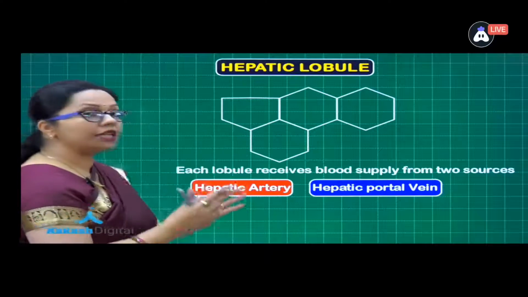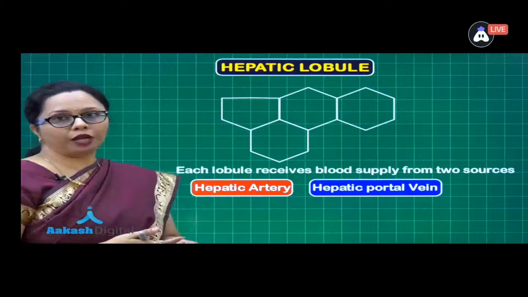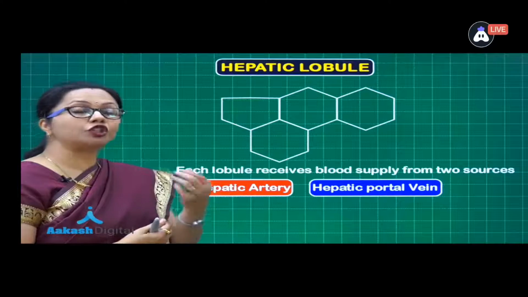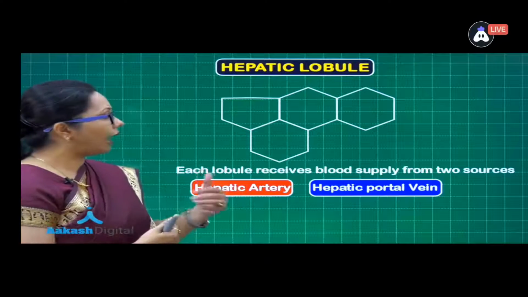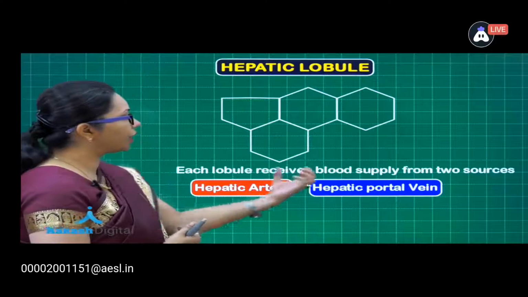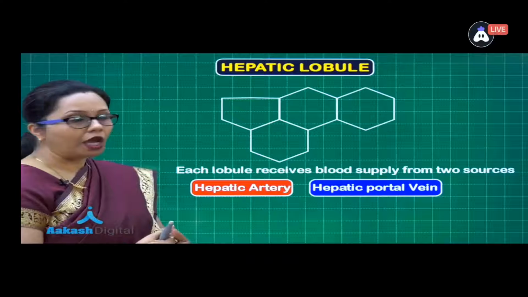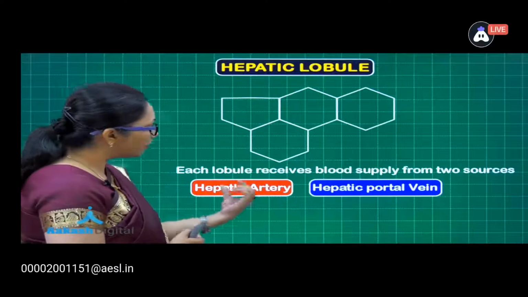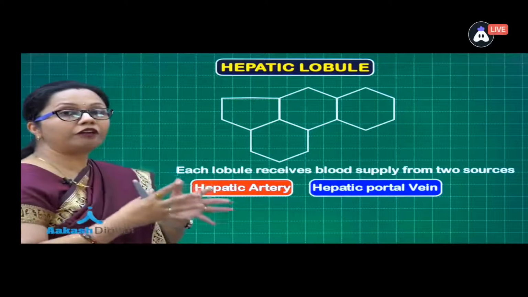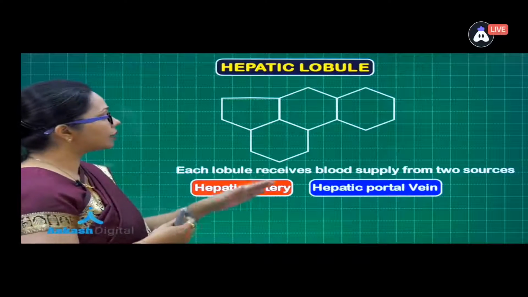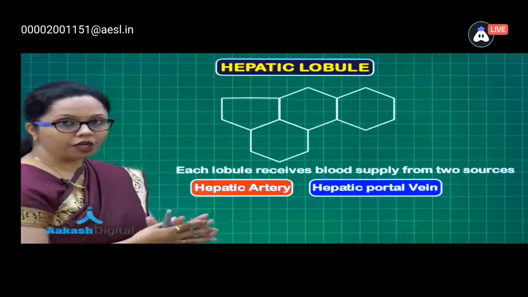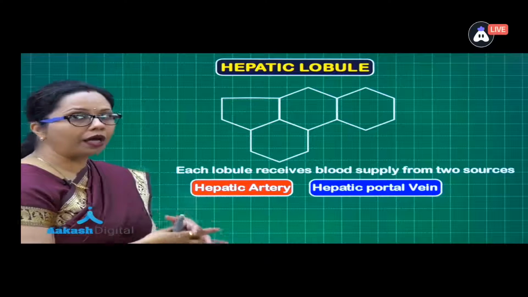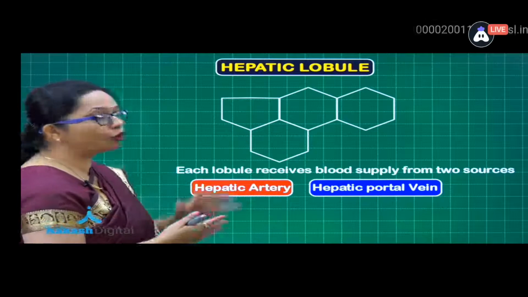Now liver is one organ which has a dual supply of blood. Liver receives two sources of blood, one from the hepatic artery and the other from the hepatic portal vein. And each of them gives out branches which supply each lobule as well. So the liver has a dual supply, and so does each lobule.